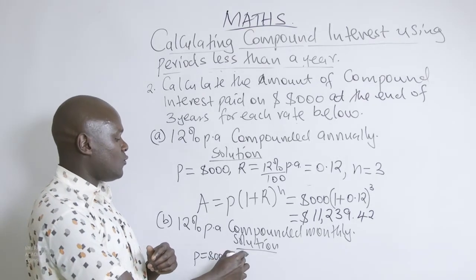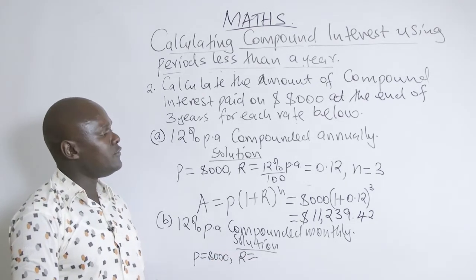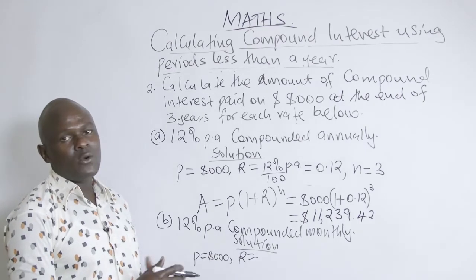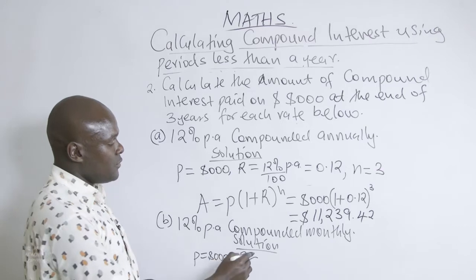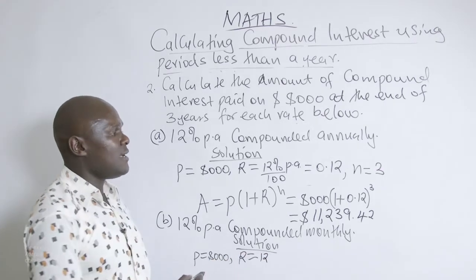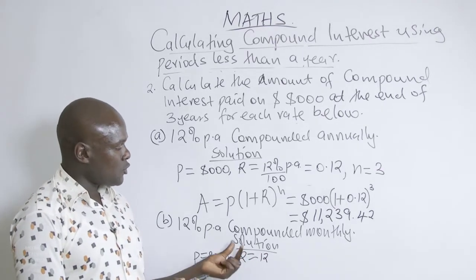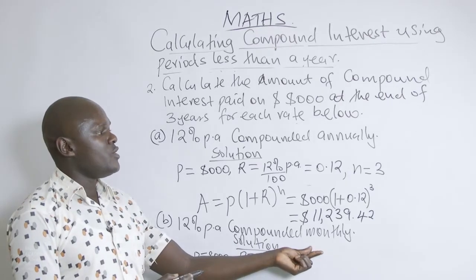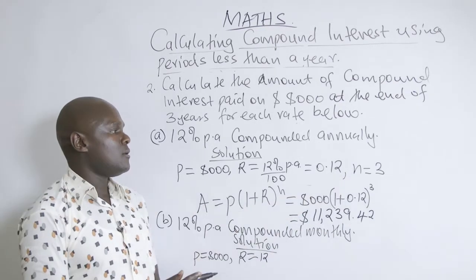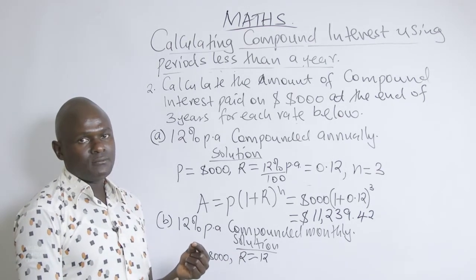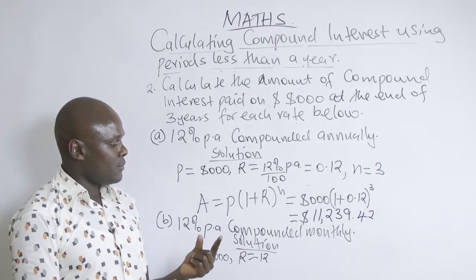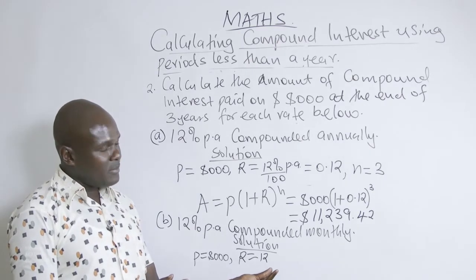The rates will have to change. We will have new rates. We will adjust our rates to suit the periods that we have. This is 12% per year, but since it is compounded monthly, we need to know in 3 years how many months are those, or what will be the rates per single month. The rates are 12% per year.